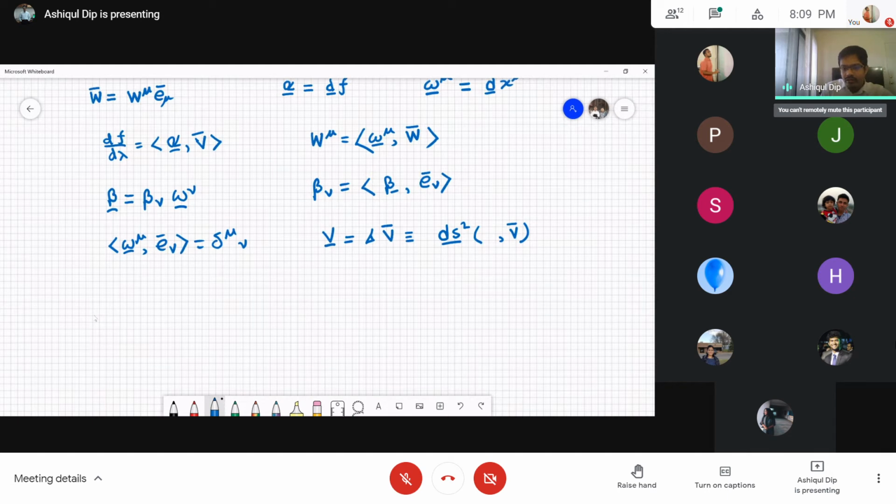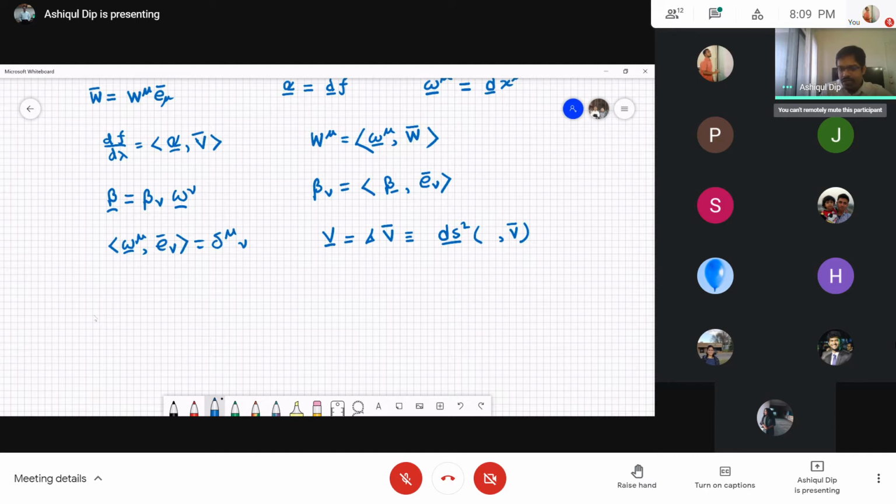Now, when ds squared was defined, we proved that g, which is the inverse of ds squared, in components they are inverse of each other. So they have the opposite action on this object v and v lower bar.